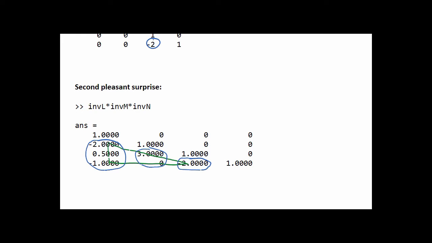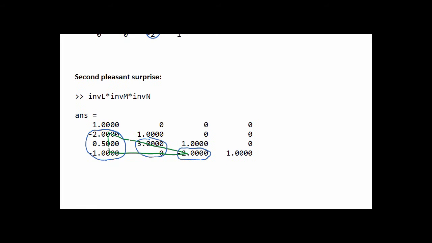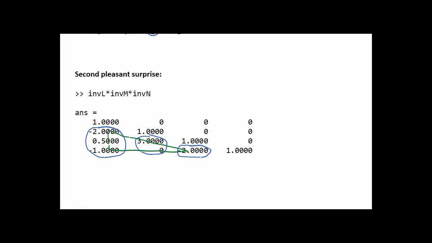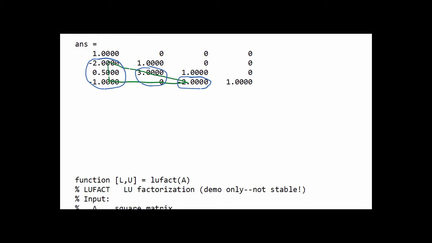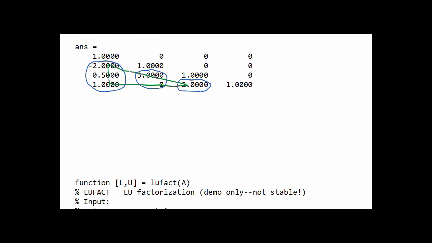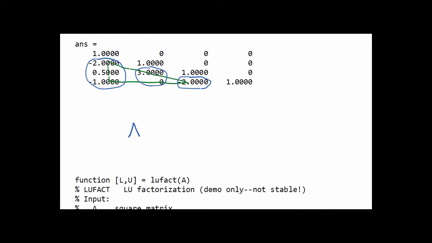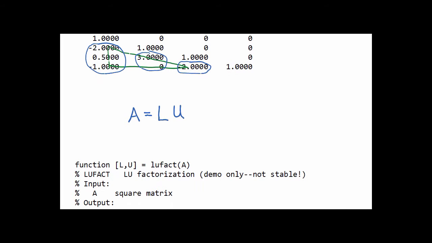That's really easy to explain with linear algebra too. I won't go through it, but it is in the book. So now what that tells us is that A is equal to this matrix, which I'm now going to rechristen as L, times U. So L is equal to our old N inverse, M inverse, L inverse.